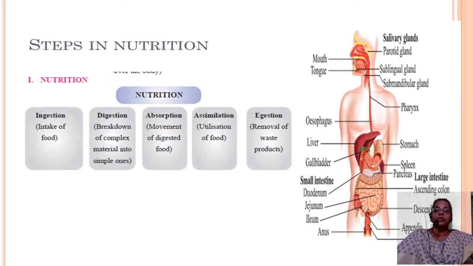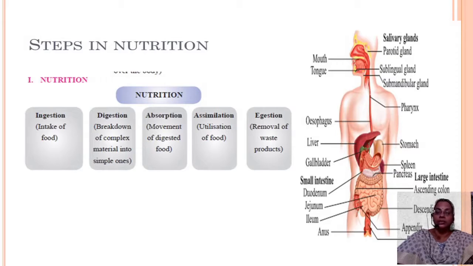Then we will move on to the digestive tract. You can see on the right side there is a figure. It will start with the mouth, and the mouth leads into the buccal cavity, and it is guarded by teeth. Teeth help in chewing the food into fine particles. Then it will be mixed with the saliva, which is produced by the salivary glands in and around the mouth, and saliva helps in moistening the food.